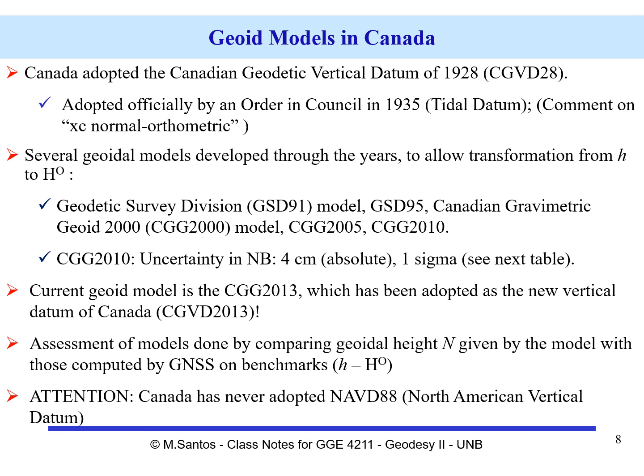Until 2013, Canada used the Canadian Geodetic Vertical Datum of 1928, known by the acronym CGVD28. It was adopted officially in 1935, and I have to make a comment on the normal orthometric height.